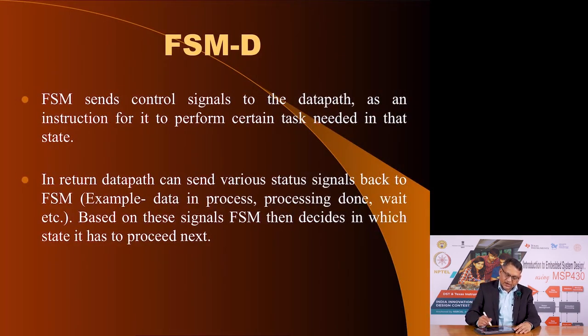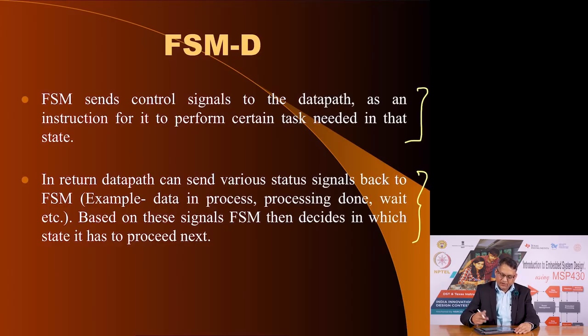So, we need to send control signals to the data path from the sequencer, and the data path will need to perform useful operations and give feedback to the sequencer so that the sequencer can decide the next course of action.